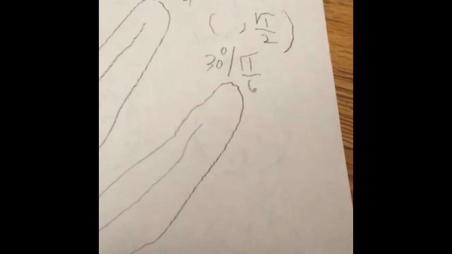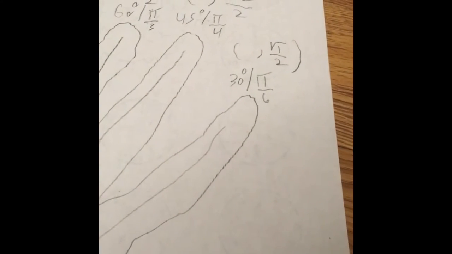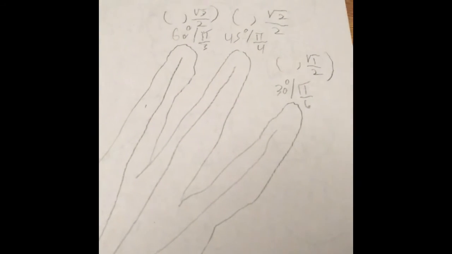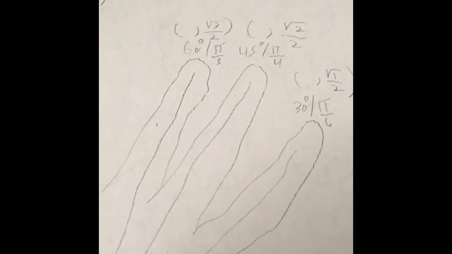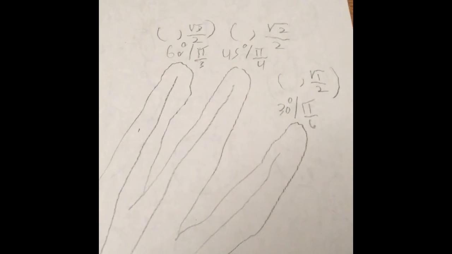The sine of the index finger is the square root of 1 over 2 because there is 1 finger, the thumb, to the right of the index finger. The middle finger has a sine of square root of 2 over 2 because there are 2 fingers to its right.